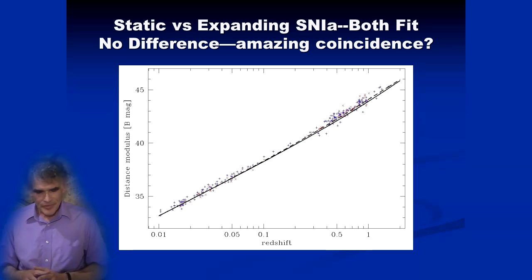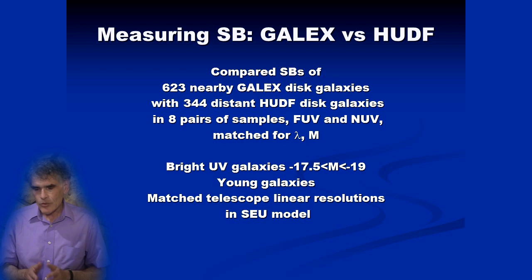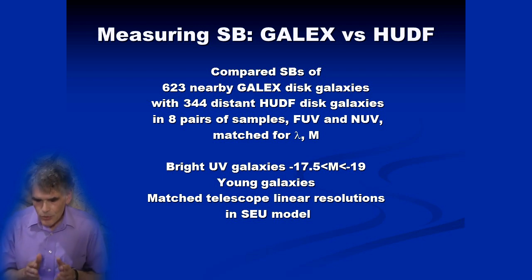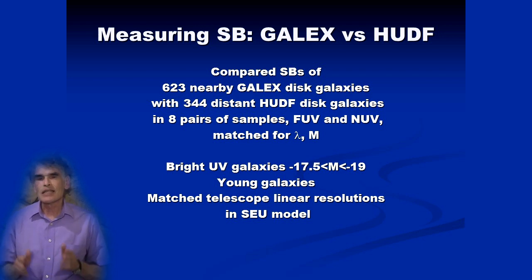So what we did was we measured the surface brightness using the GALEX satellite for the near galaxies and Hubble, the Ultra Deep Field, for the far galaxies. We matched them so that the rest frame lambda and the luminosity was the same for all samples.